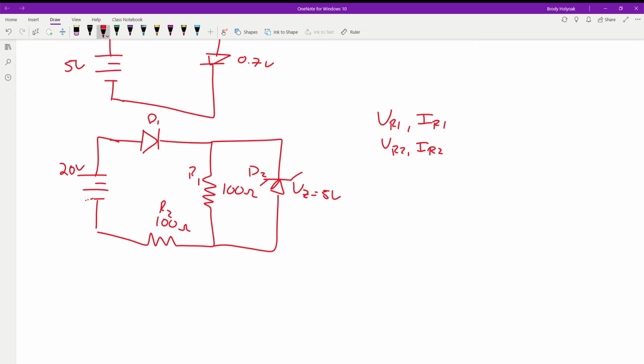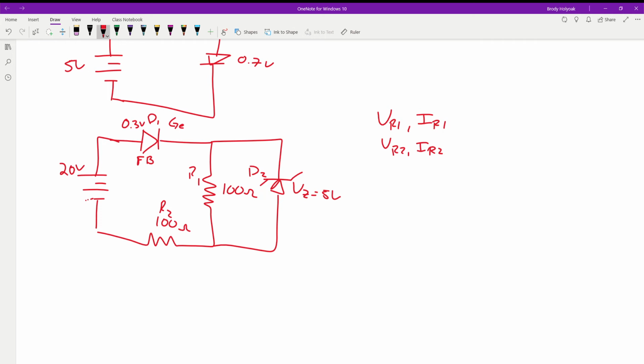So first off, we have to determine these diodes, are they in forward or reverse bias? D1 is forward bias. And then we'll say this one's a germanium diode. That one drops 0.3. So we know we're going to have a 0.3 volt drop here.